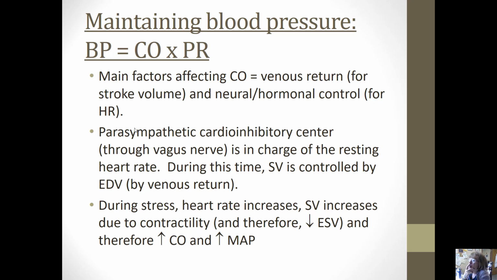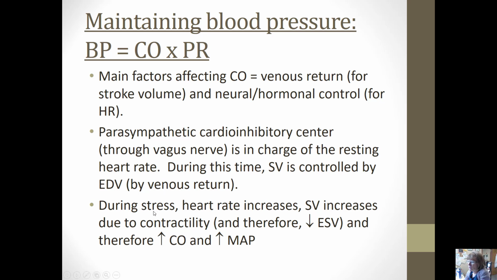So the parasympathetic cardioinhibitory center, which will stimulate the heart through the vagus nerve, is in charge of resting heart rate. And during this time, our stroke volume will be controlled by end-diastolic volume, not really affected by a decrease in end-systolic volume, but primarily just how much blood returns back to the heart.